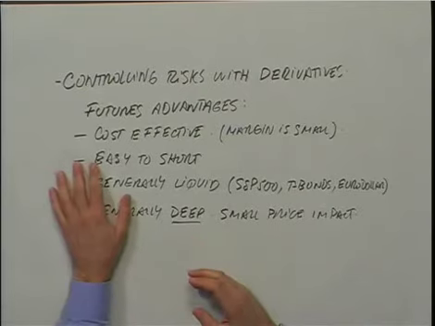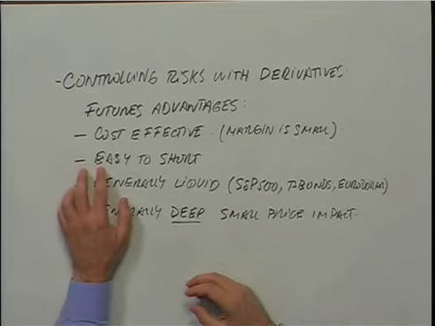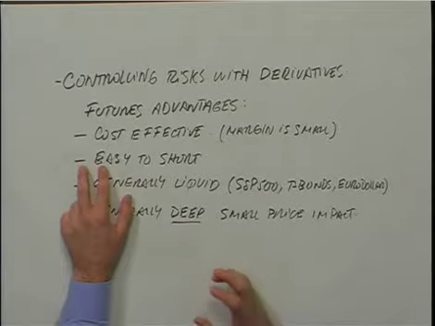And this is extremely important in using derivatives in hedging, because oftentimes you have to hedge a long position, and you do so by entering a short position in the derivative, and entering short positions in the futures markets is extremely easy to do.